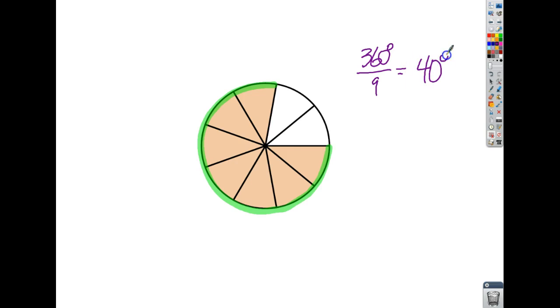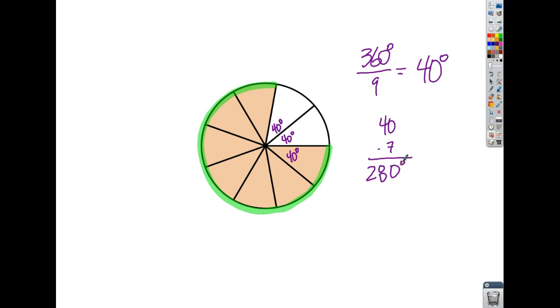Each one is 40 degrees, okay? We also know that these two are 40 degrees. If we've got 1, 2, 3, 4, 5, 6, 7 of those sections, so 40 times 7, we'll get 280 degrees.